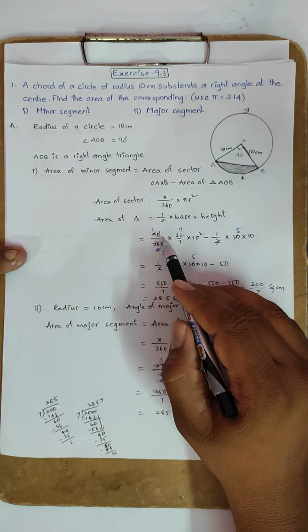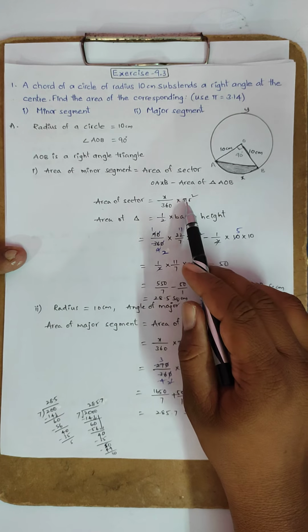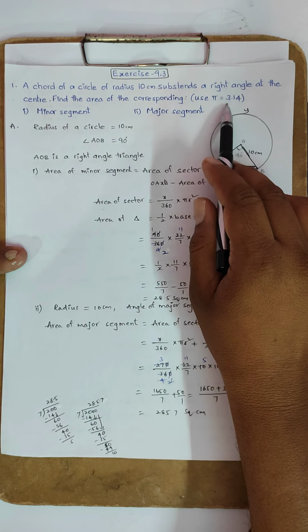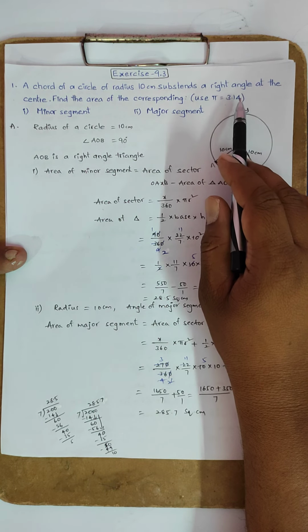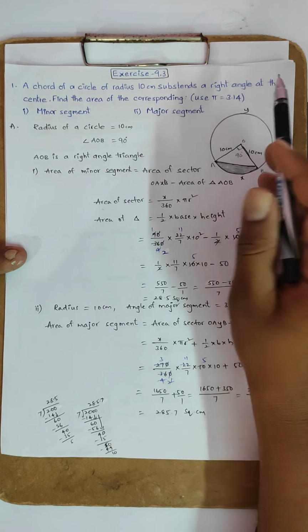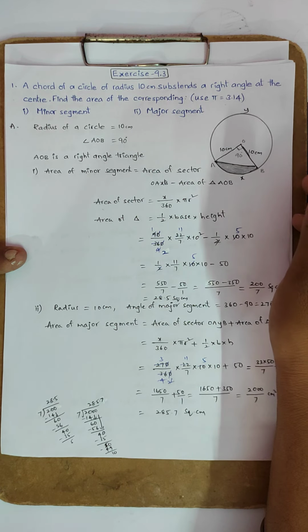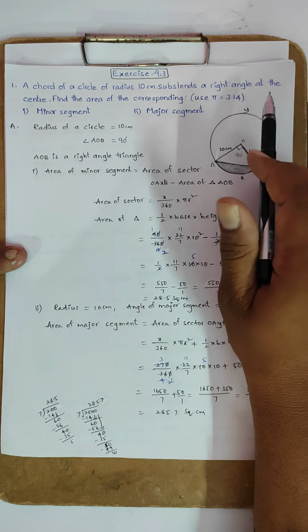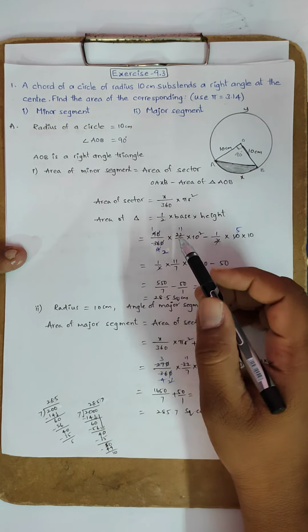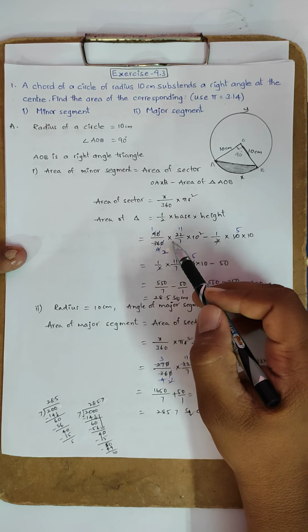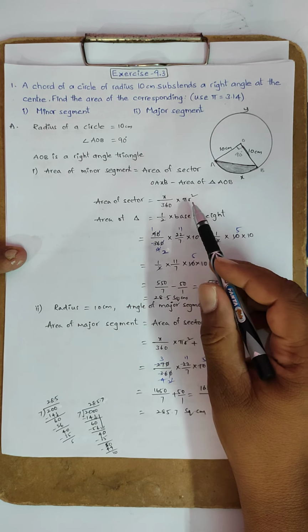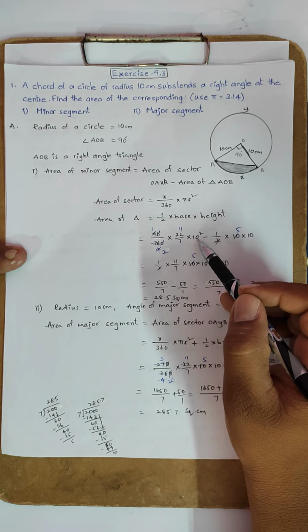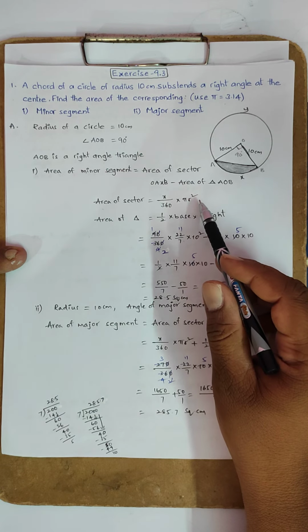Pi value is 3.14 here, but actually pi value is 22 by 7 or approximately 3.14. We can take any of the two values. Now x by 360 into pi value 22 by 7, radius 10, so r square is there.